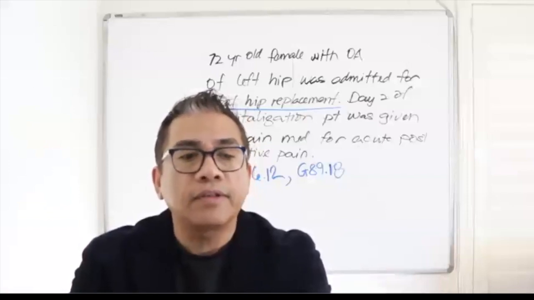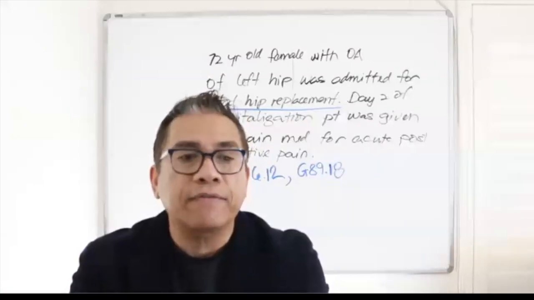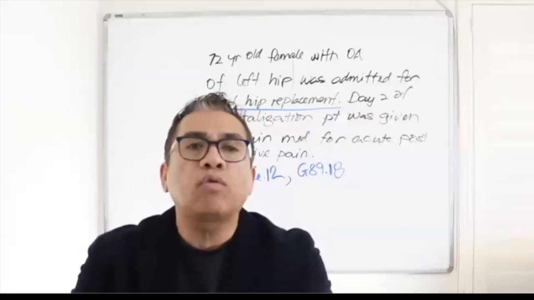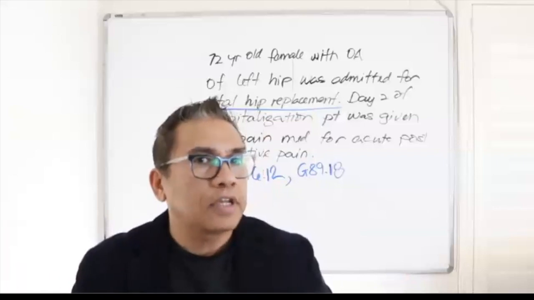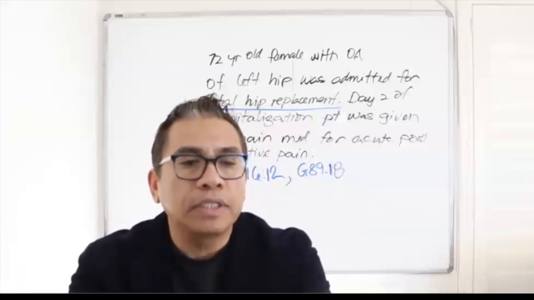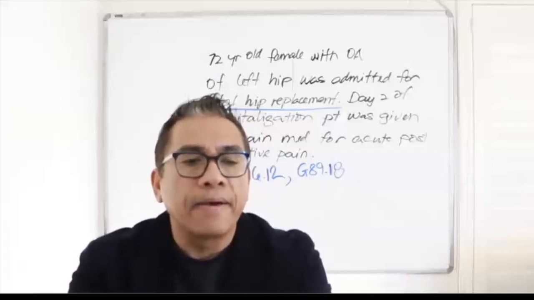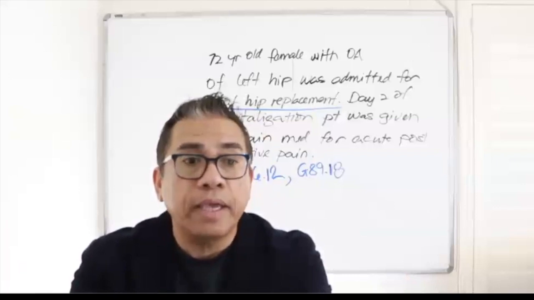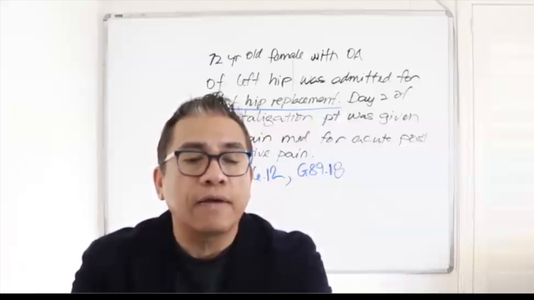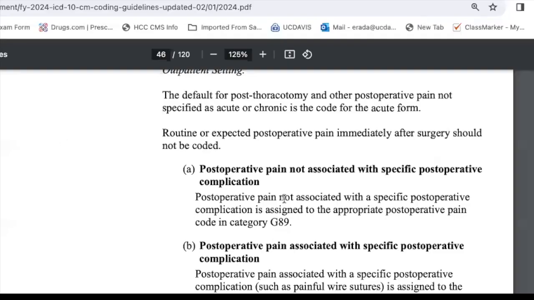So do not assign a post-thoracotomy pain immediately after the procedure. This is only for when the patient is already recovering, or has already been discharged, and still feels that acute pain. That is the time when you assign a code for post-thoracotomy.